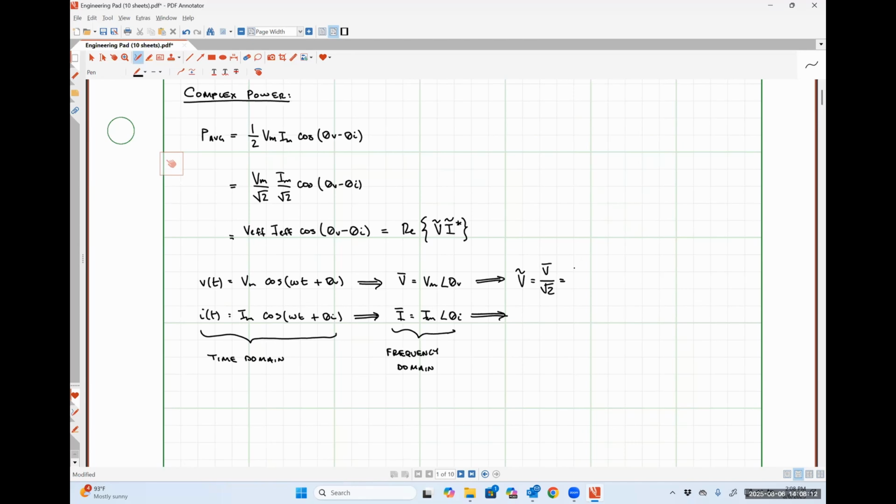So essentially, this is just Vm angle theta V over root 2, which is just Vm over root 2, keeping that same angle theta V, or V effective angle theta V. And we could do the exact same thing with our currents, like so.